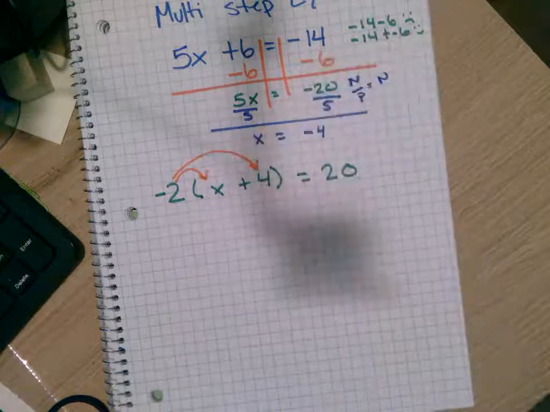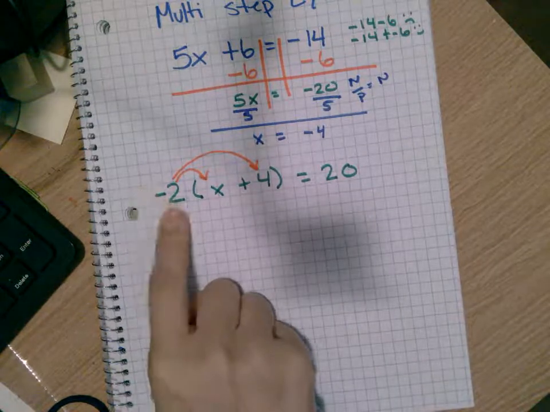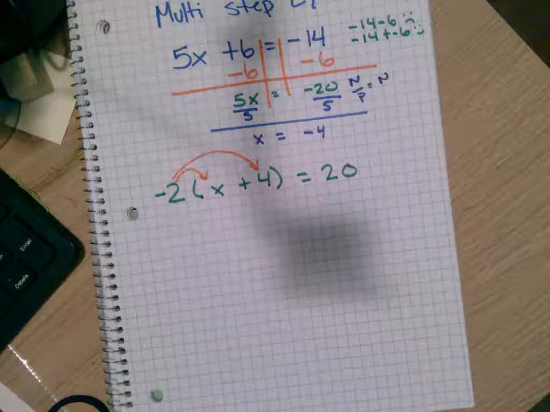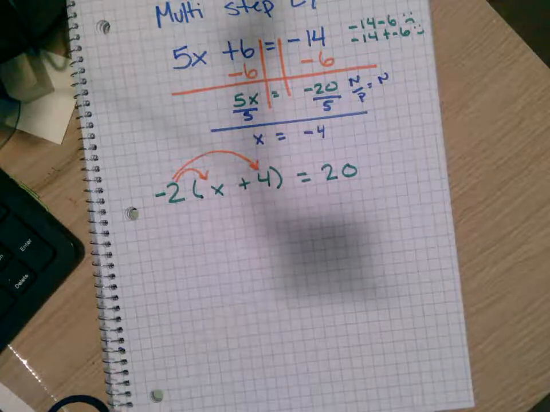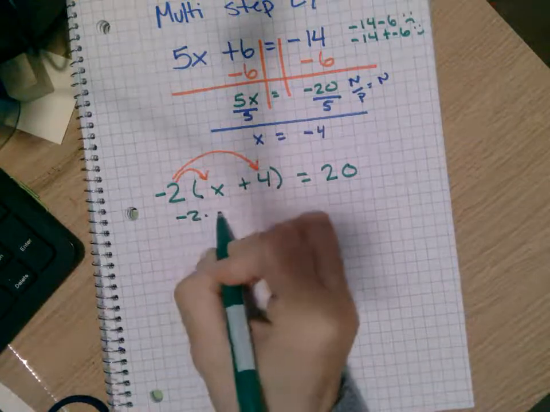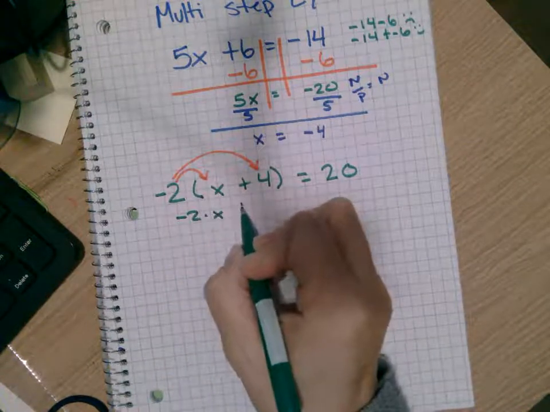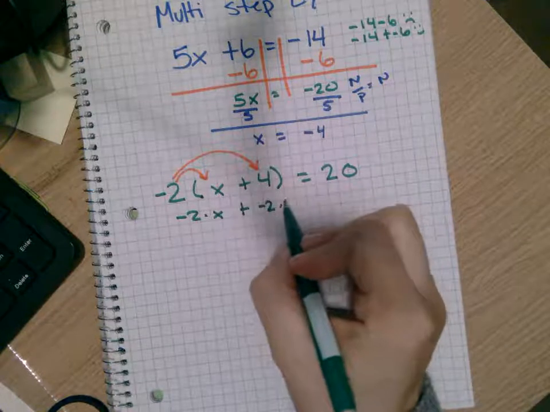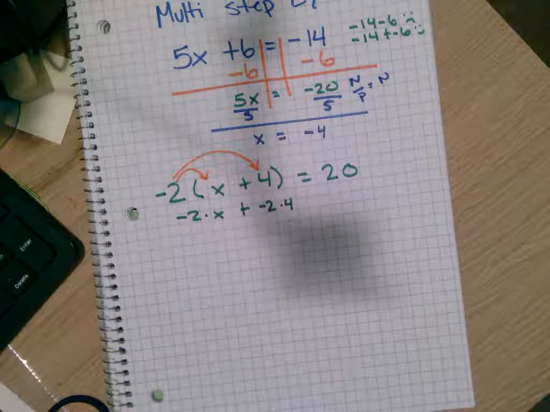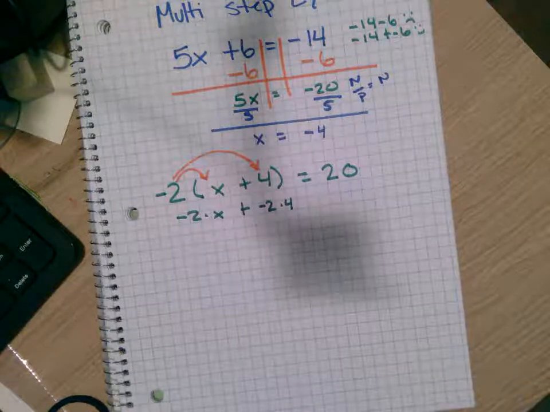I had one student not distribute the number to the second one. So make sure that the second one is also being given something. So this means -2 times x plus -2 times 4, right? That's like the work that some of us skip sometimes.